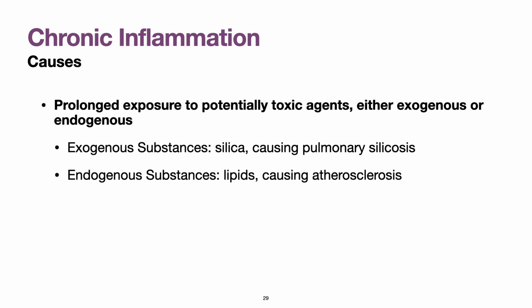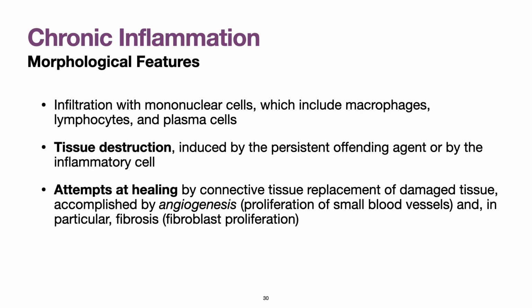Prolonged exposure to potentially toxic agents, either exogenous such as your silica, causing pulmonary silicosis, or endogenous such as lipids causing atherosclerosis. The morphological features include infiltration with mononuclear cells, macrophages, lymphocytes, and your plasma cells, and tissue destruction and attempts at healing.